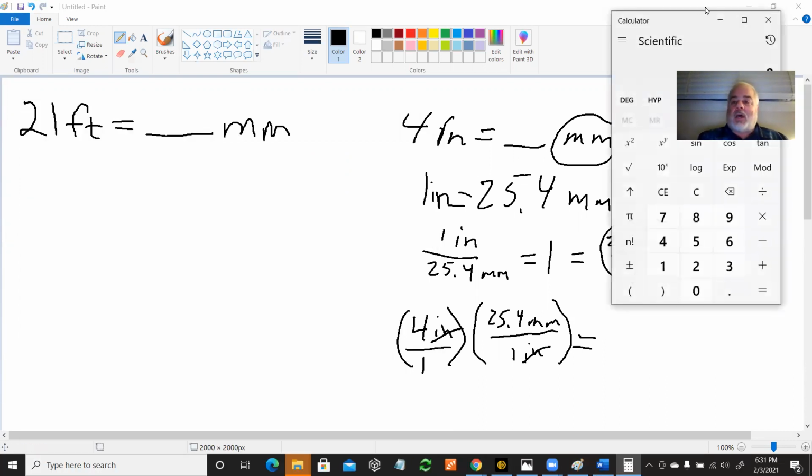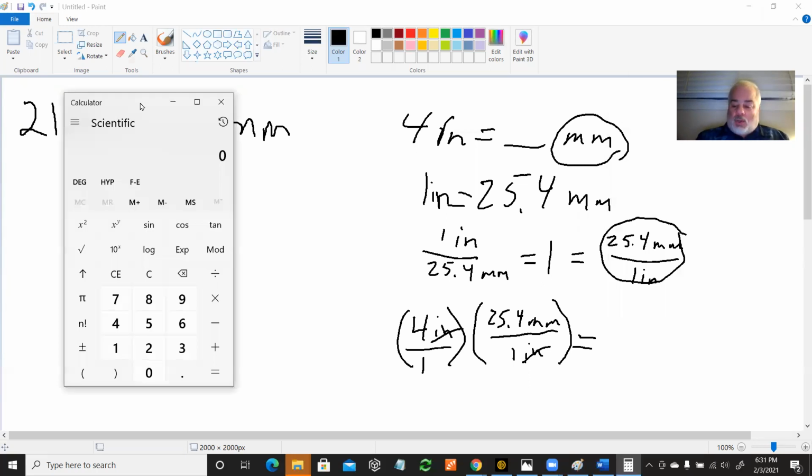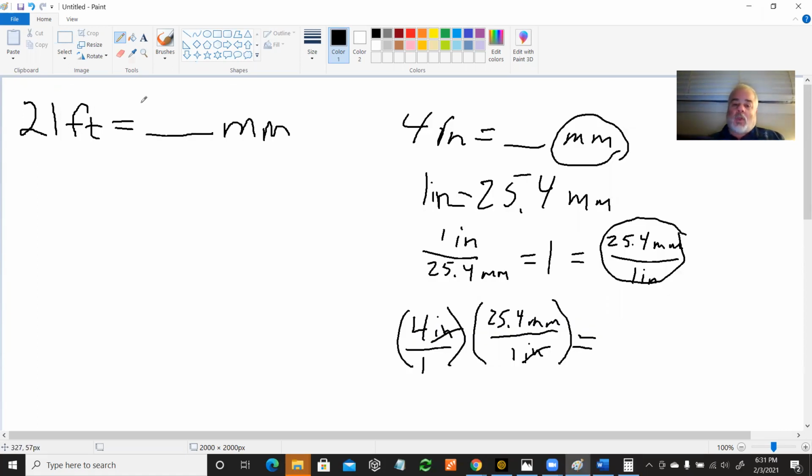And I plug in my 25.4 times 4 equals 101.6. So 4 inches is the same as 101.6 millimeters. Done.